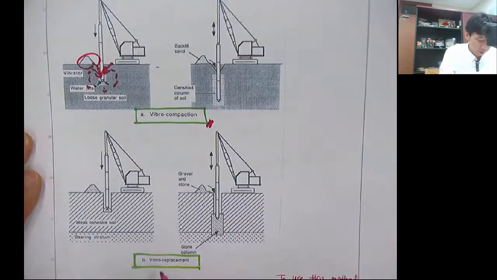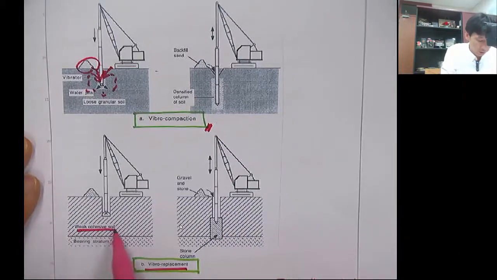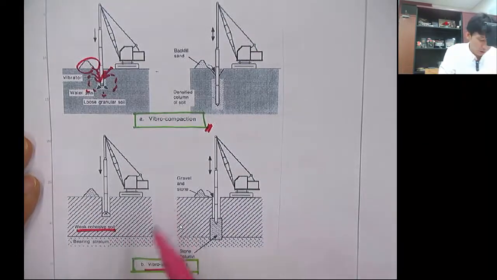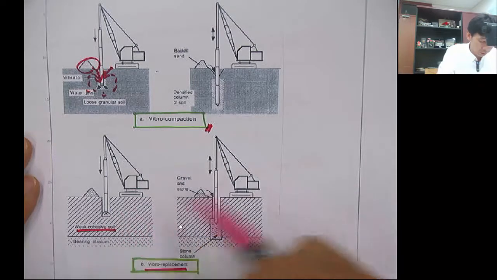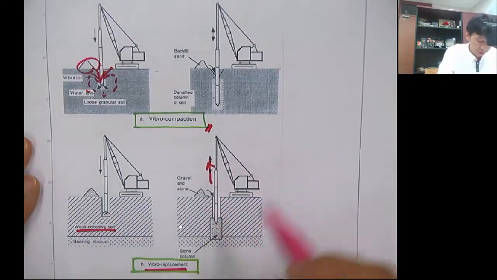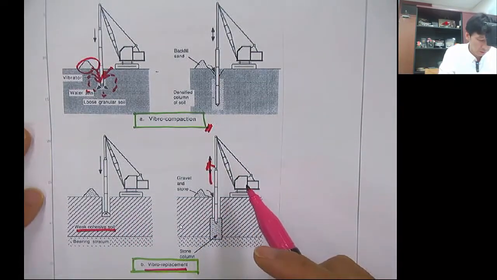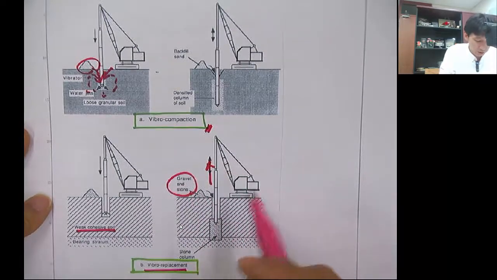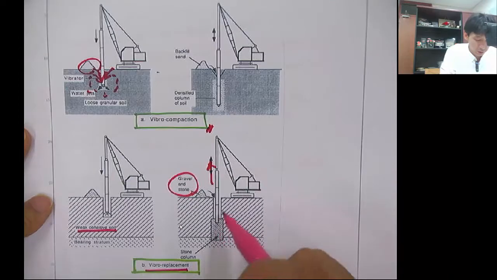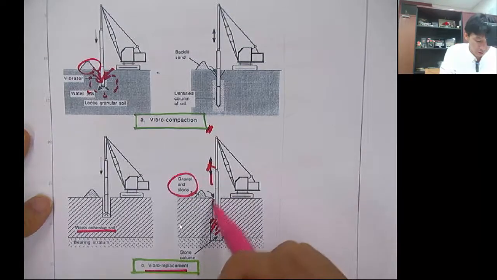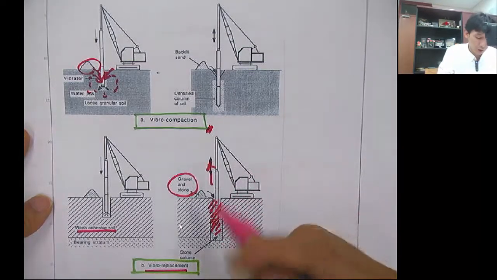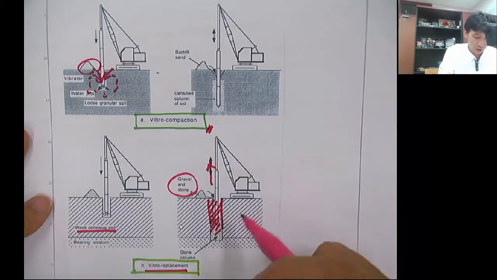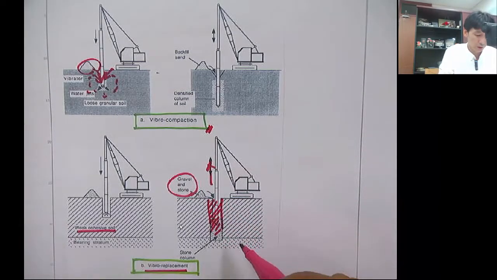But in the vibral replacement, it's a cohesive soil or the fine-grained soil, and as you withdraw this vibrator, a gravel pack or sand pack or stone column is built. So that in the end, you will have a stone column at the location where you inserted this vibrator.